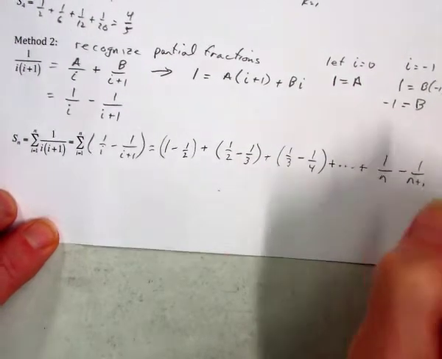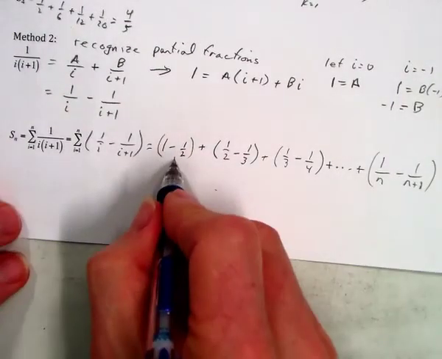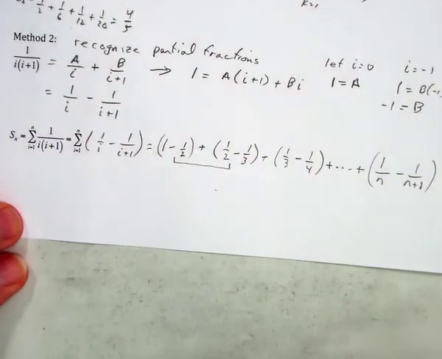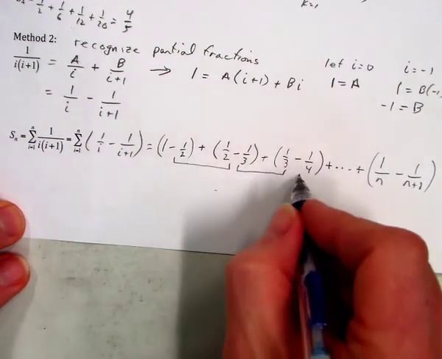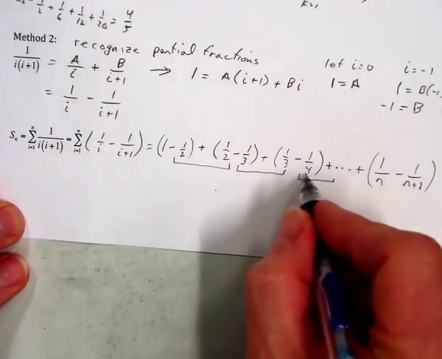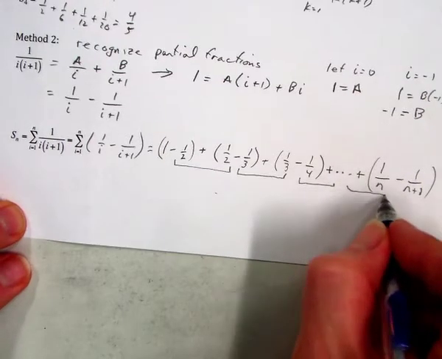And what's nice about this one is look at how we have negative 1/2 and positive 1/2. Negative 1/3, positive 1/3. And it continues, negative 1/4, positive 1/4. We'll have negative 1 over n, positive 1 over n.